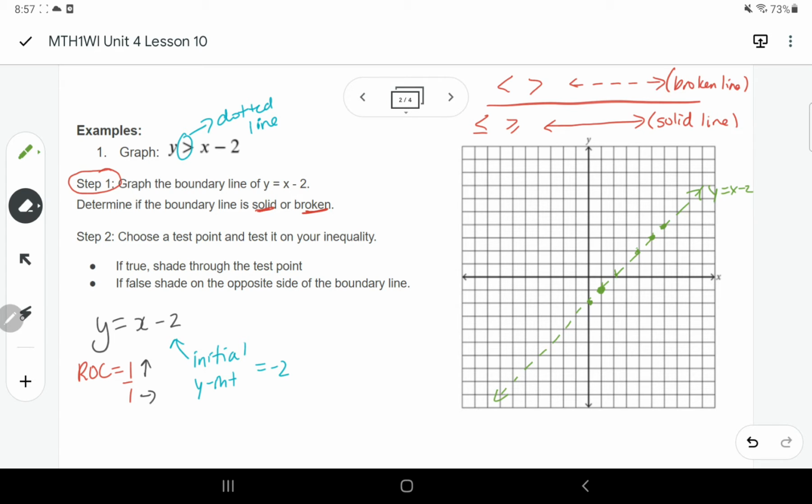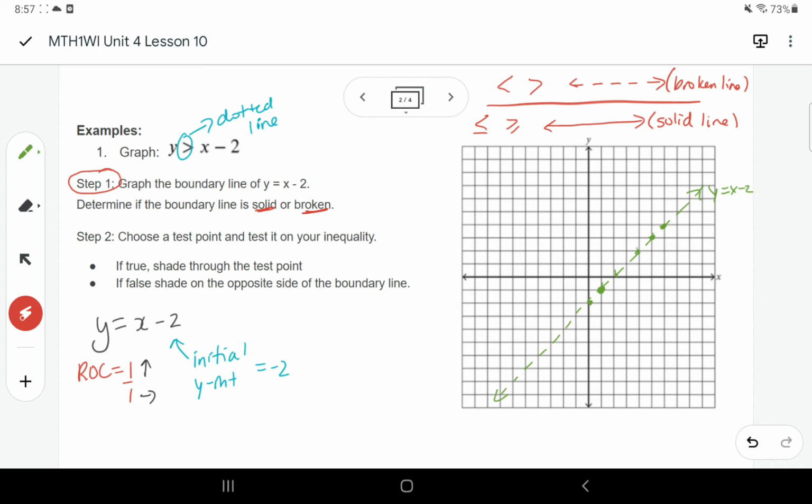So because this is not the equal to, I don't have a solid line, my values are not going to go that far up. So I need to graph that line first, solid or broken, and graph that line, just like what we did before. See, this is why this is really good practice for the graphing that we did earlier in the unit.